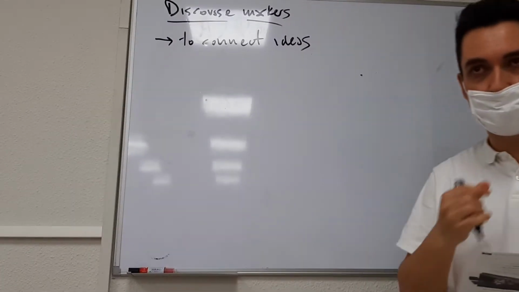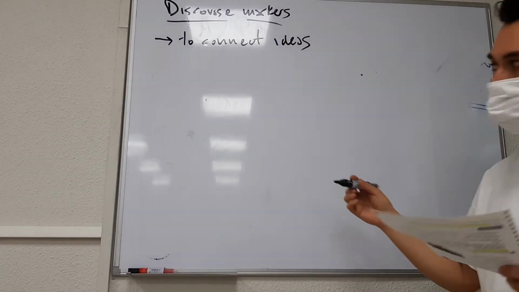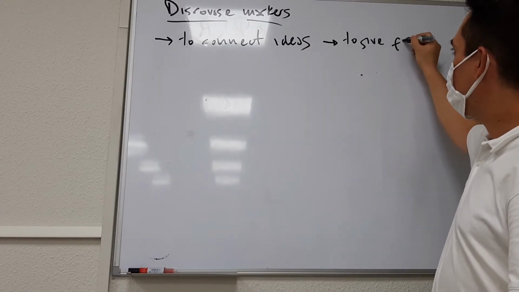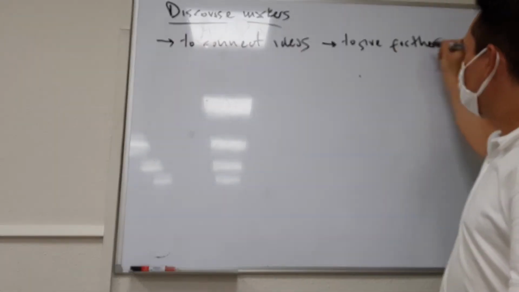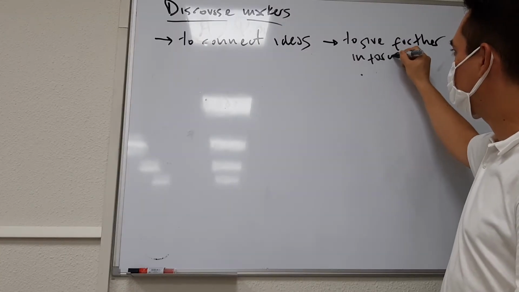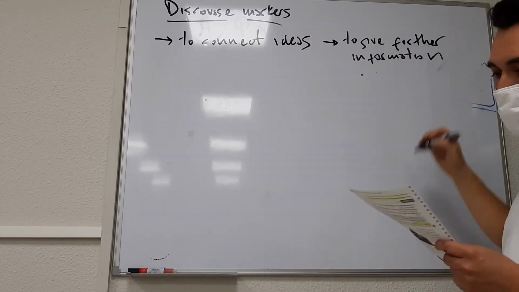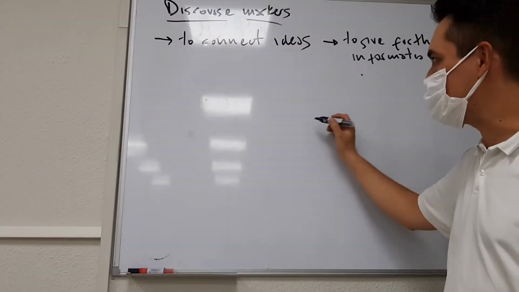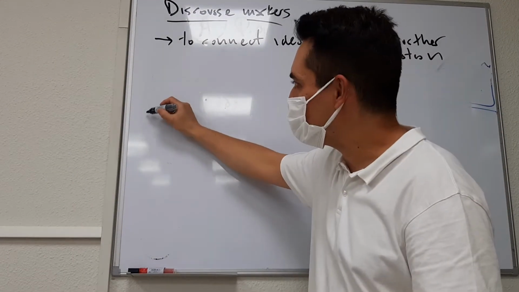That is one use of the discourse markers, to connect ideas. You can also use them to give further information. What else can you do with them? You can join two clauses in a sentence, and this is the important part. Imagine that this is a sentence.